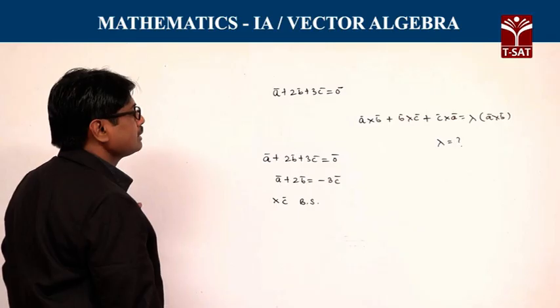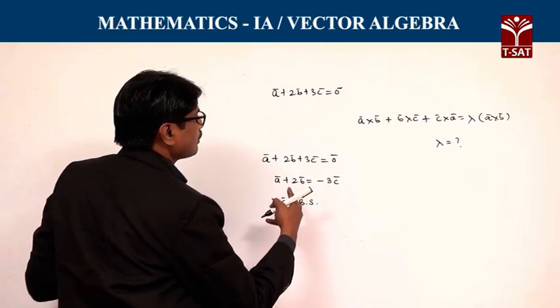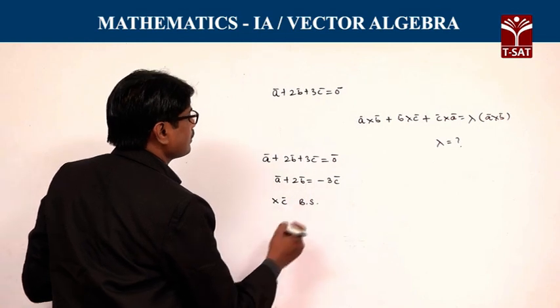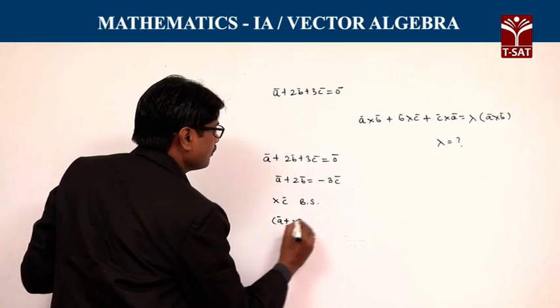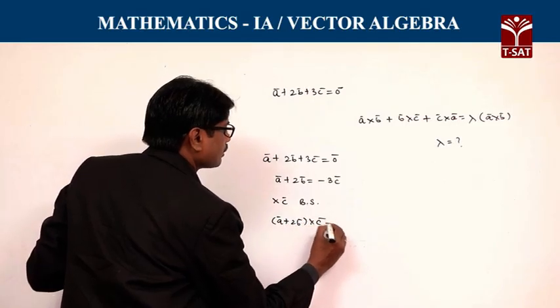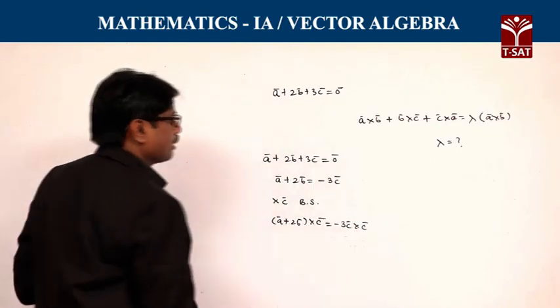As we apply cross C bar on both sides, then it will be A bar plus 2 times of B bar cross C bar is equal to minus 3 times of C bar cross C bar.